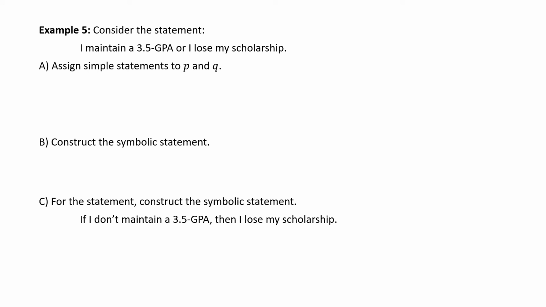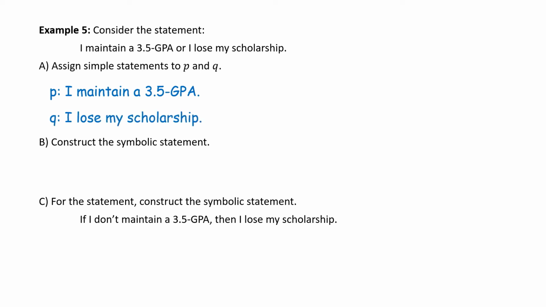Example, consider the statement, I maintain a 3.5 GPA or I lose my scholarship. Part A, assign simple statements to P and Q. I'll let P be the statement, I maintain a 3.5 GPA. And I'll let Q be the statement, I lose my scholarship.